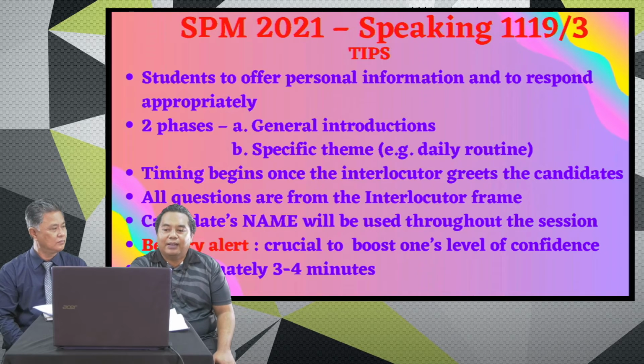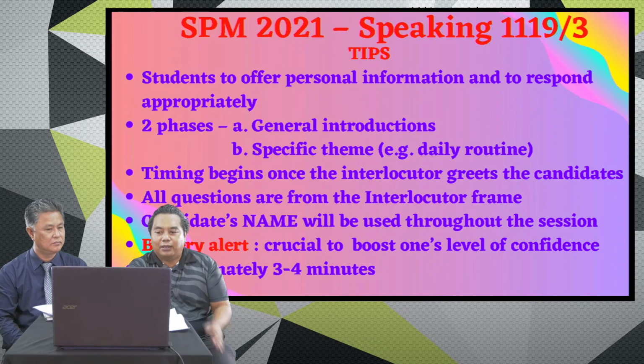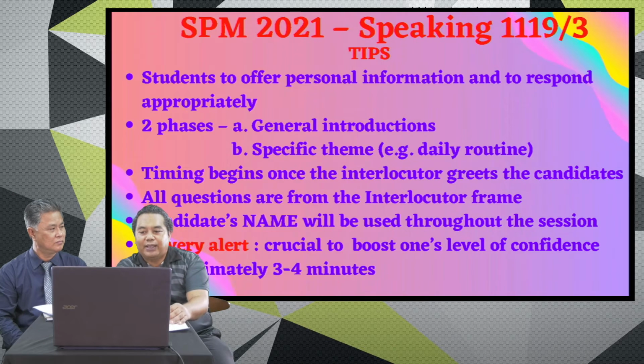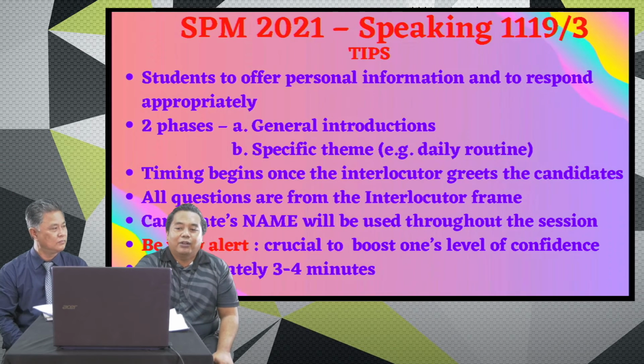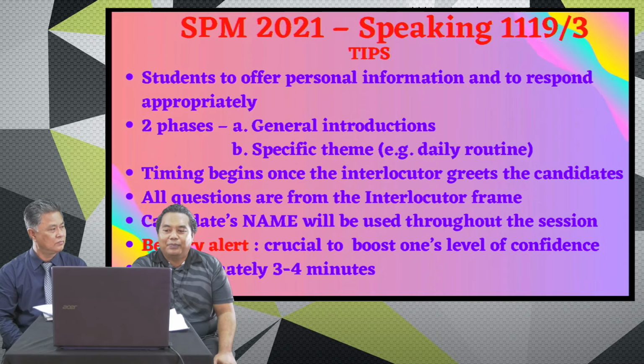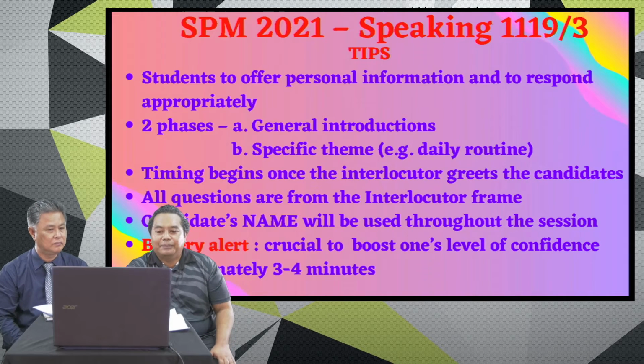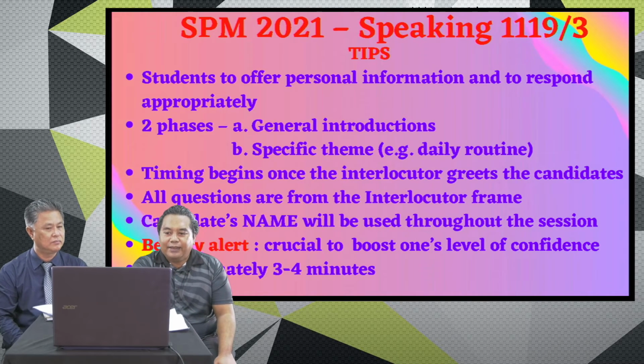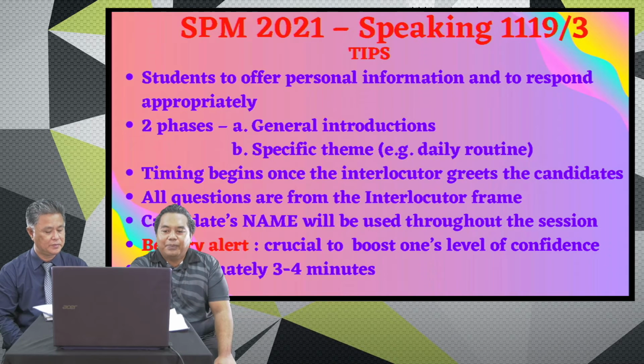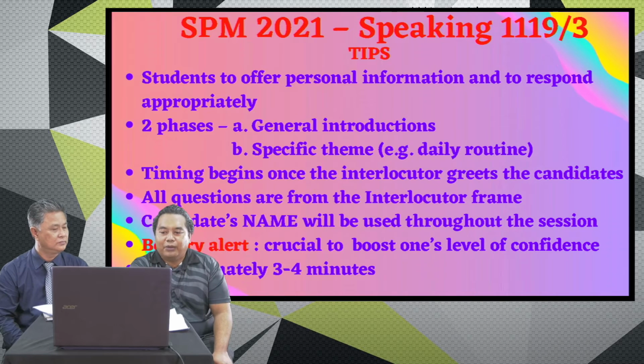So questions are from the lembaga, and you cannot use other questions outside the frame. The candidate's name will be used throughout the session. For example, his name is Ali. Okay, Ali, what do you think about sport?